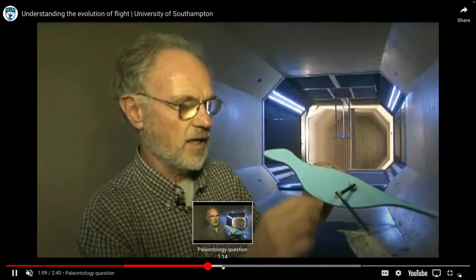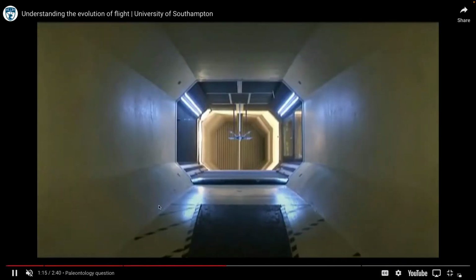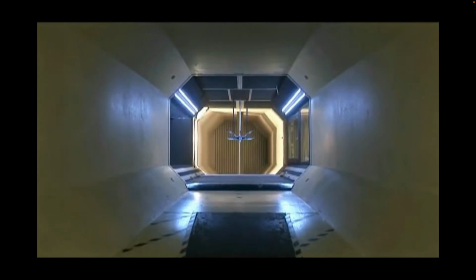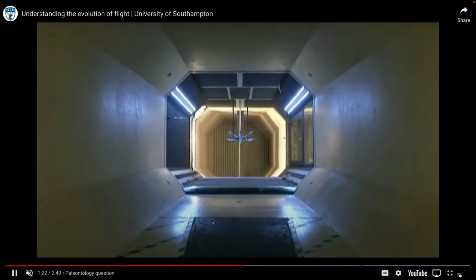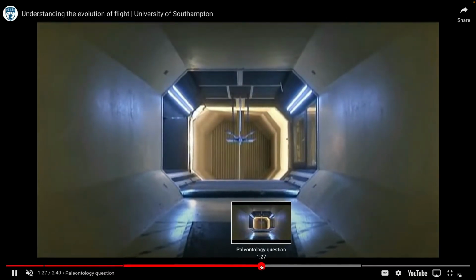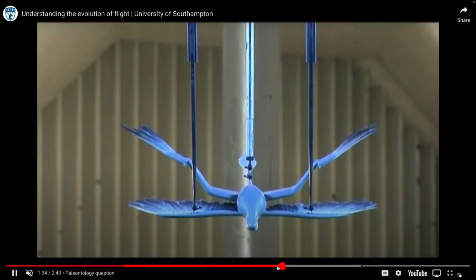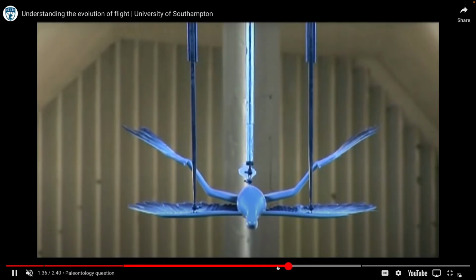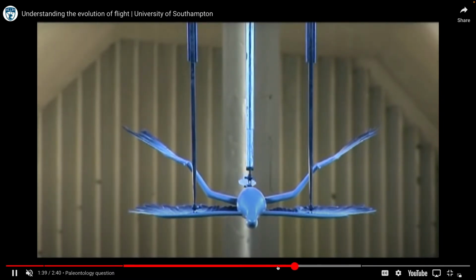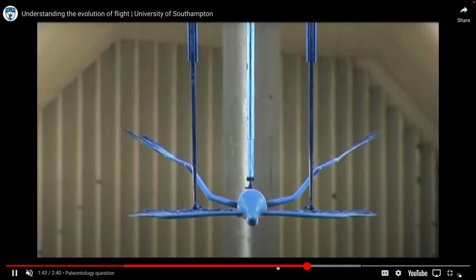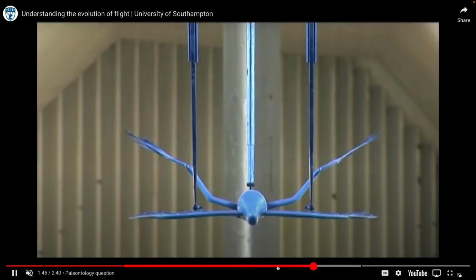And ultimately, they're going to use it in a wind tunnel. I guess it'll come to this. So yeah, you can see the wings. There's some slight flutter on the end of the left-hand side, the side closer to me, the main wing.